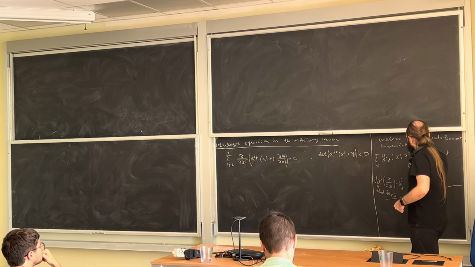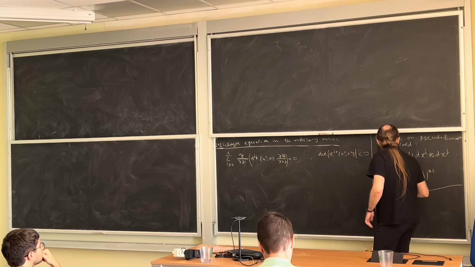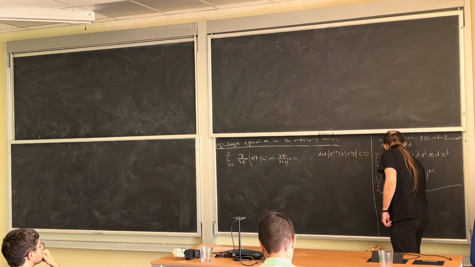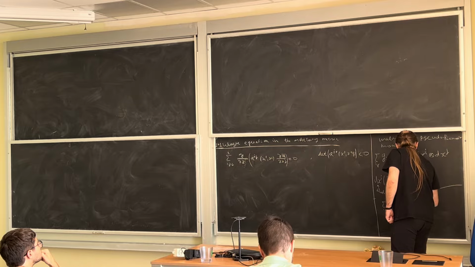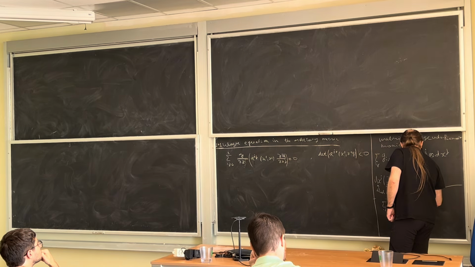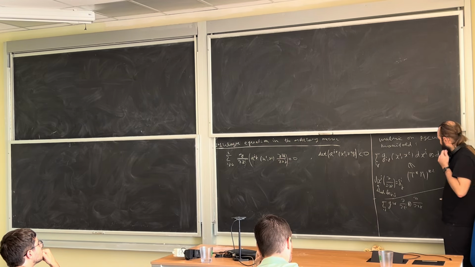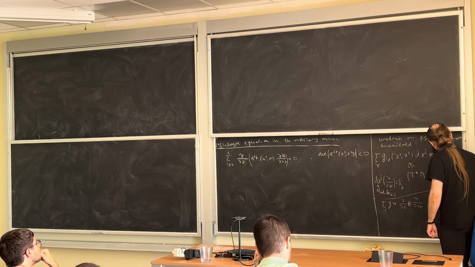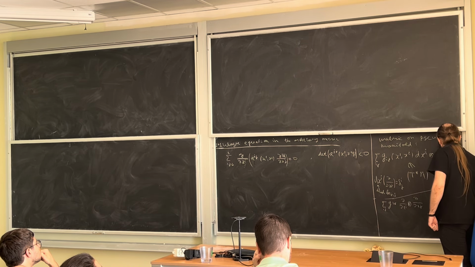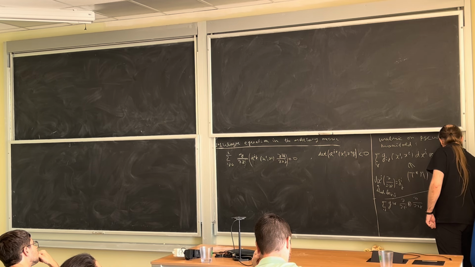So there is the sum over i, j of g^ij d/dxi tensor d/dxj, with g^ij equal to the inverse of gij.